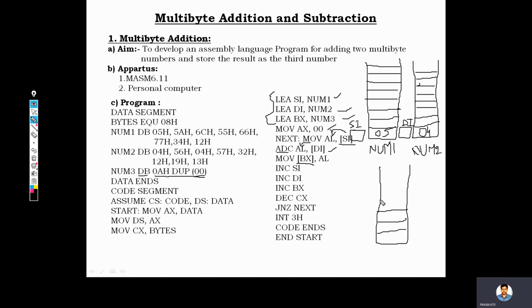How do we come to num3? The base address register BX is holding the starting address of the num3 array. So this 5 and 4 will get added.